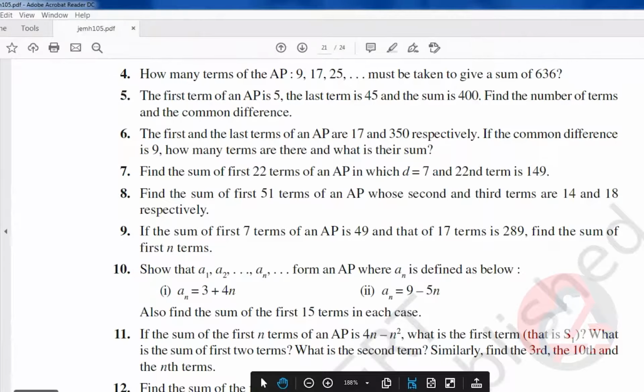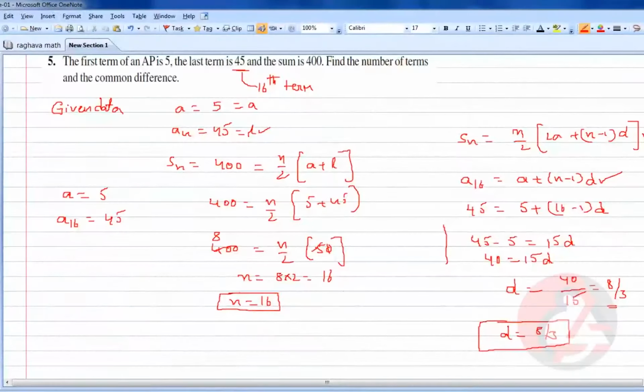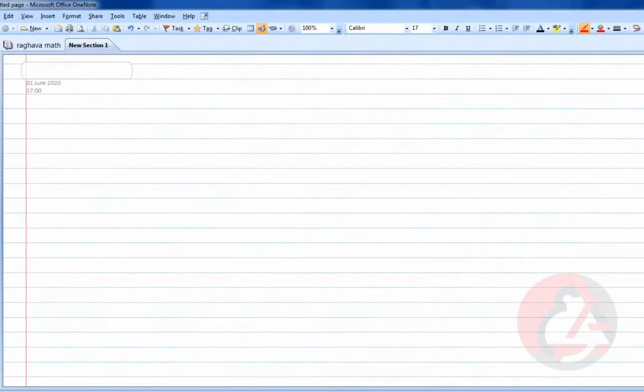Okay, just recapitulating. What is the definition of arithmetic progression? When can you say three terms are in arithmetic progression?